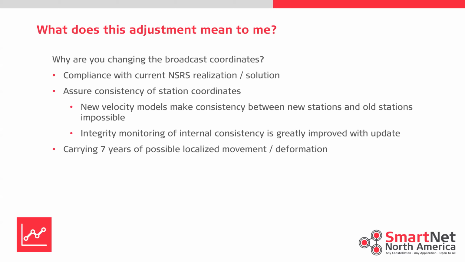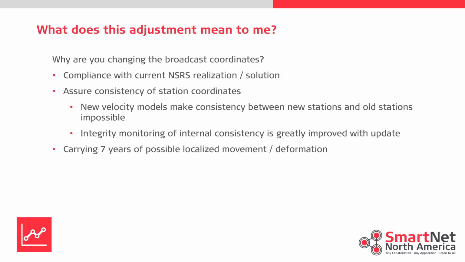So if we put a new station in today and we want to bring it online, we cannot do that, because if we brought a new station on today, we're going to be getting a NATRF2022 solution. We're going to be getting velocities related to NATRF2022. That means when we put that station online, there can be a discontinuity between that new station and that old station. So that does not work. That means we can't bring any new stations online.